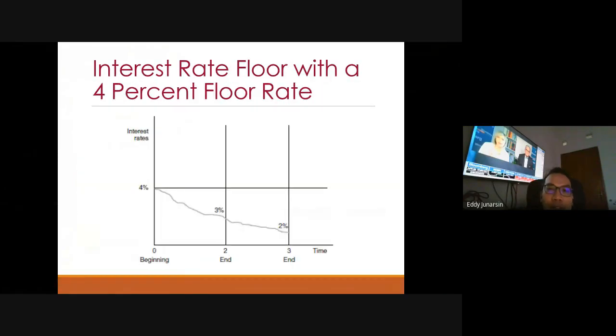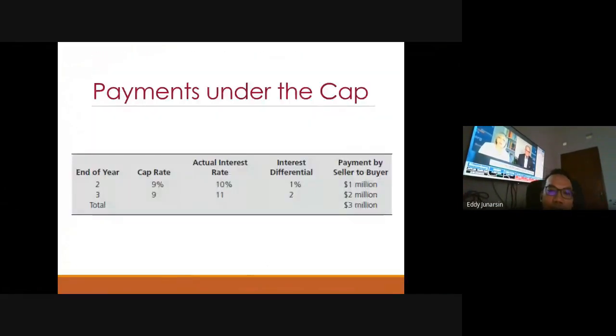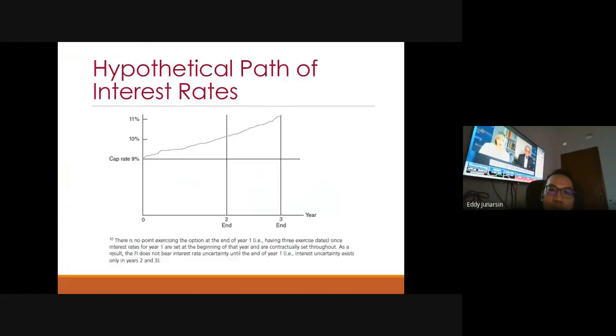What about the floor? We have seen the cap. The floor is the other way around. The floor is like a long put.